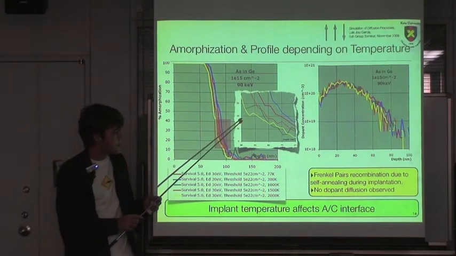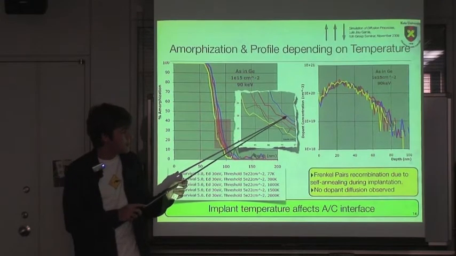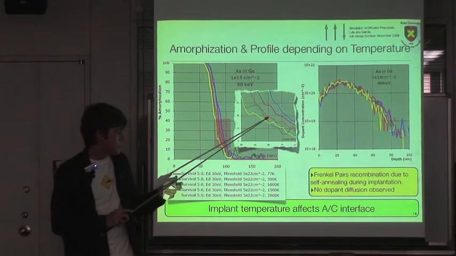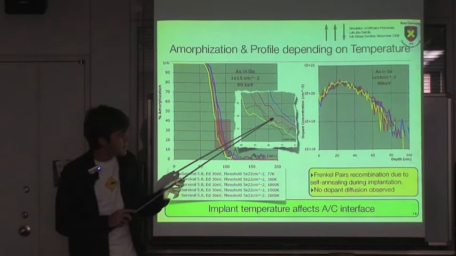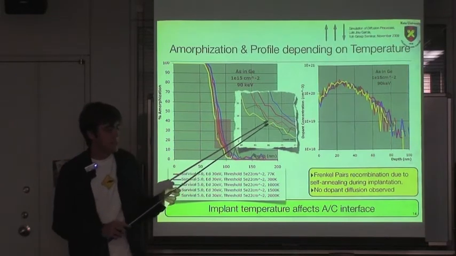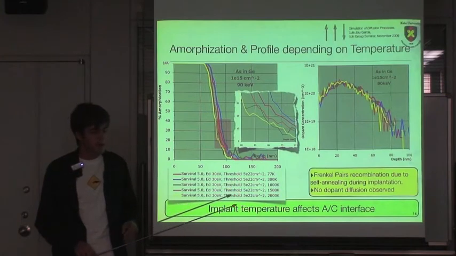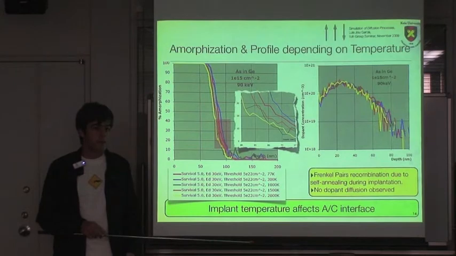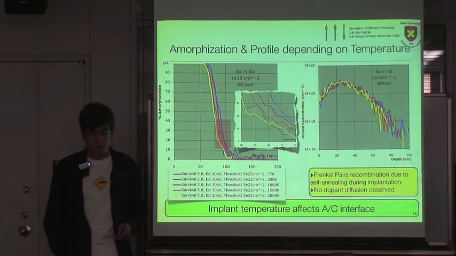You can see in this area how from 77 Kelvin to this point, for example, that is 1500 Kelvin, the amorphization varies by something like 10 nanometers. That is about 10% of the total width. So the implant temperature is something important to determine the AC, amorphous crystalline interface.